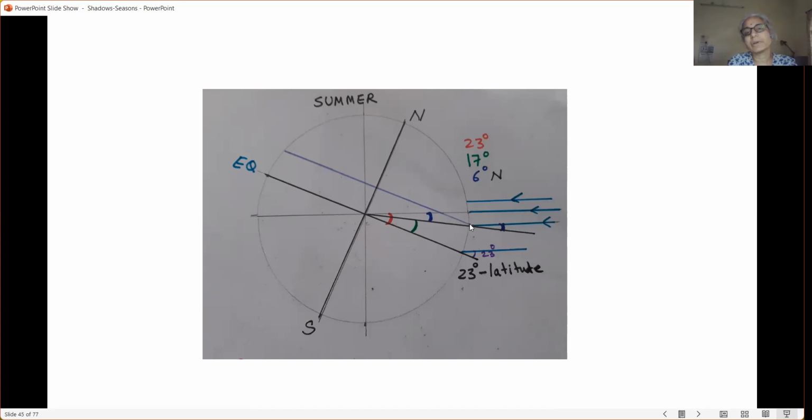Okay, so here at this point, I have the radius, which is the vertical.